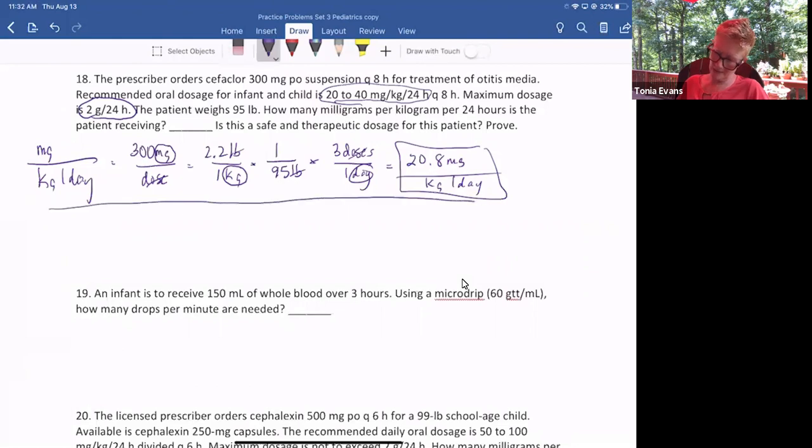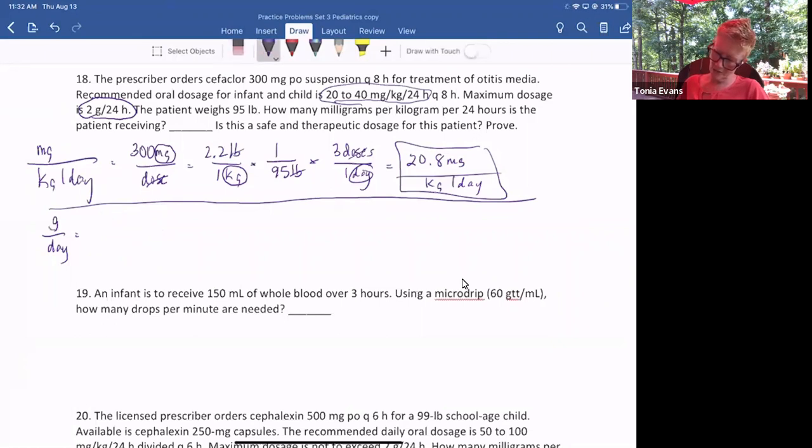We have a daily max. So how many grams per day is my patient getting? Let's figure that out. If my patient is getting 300 milligrams per dose, I need to convert that to grams. Start over there.